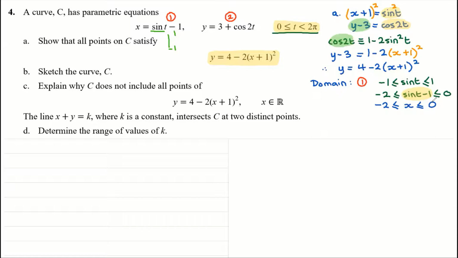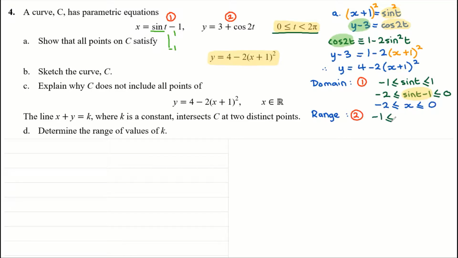Now for the range, it's exactly the same idea. So we go to equation 2 for the range. Now cos 2t, again, we've established that cos 2t is going to have exactly the same range of values as sine t. It doesn't make any difference.